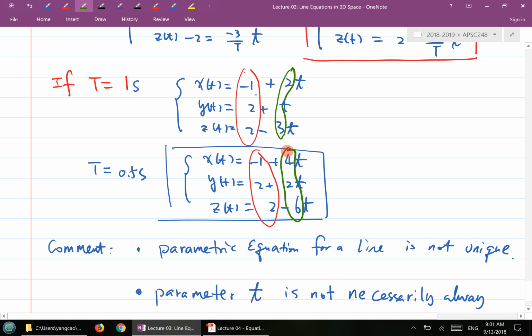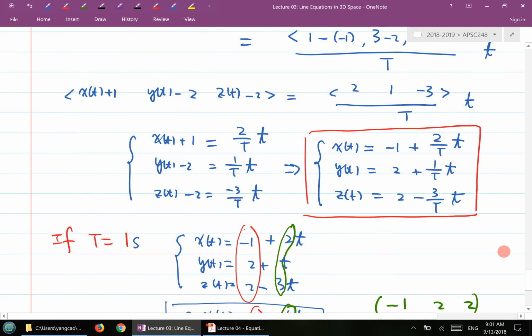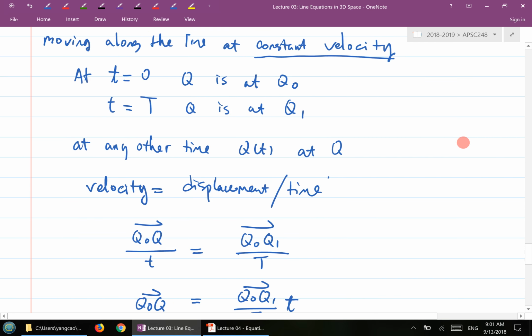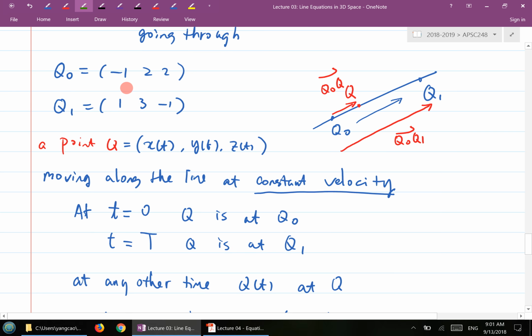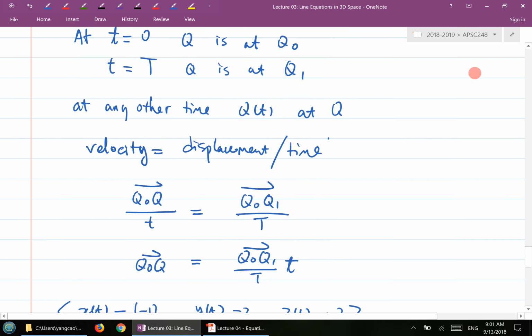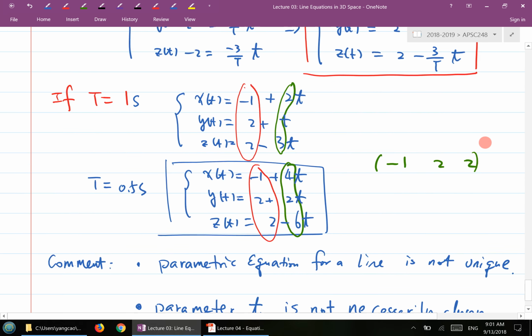Now if I look at the first, the red circle here, -1, 2, 2. What is -1, 2, 2? That's your coordinate Q0. And Q0 is on the line. So these three numbers are a point, Q0, on the line.